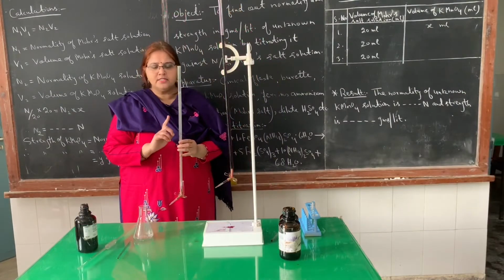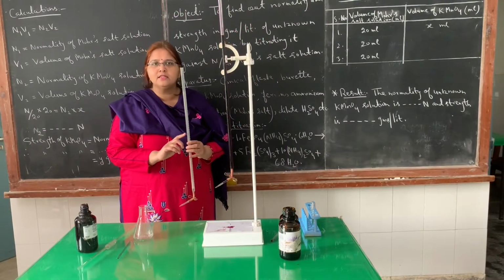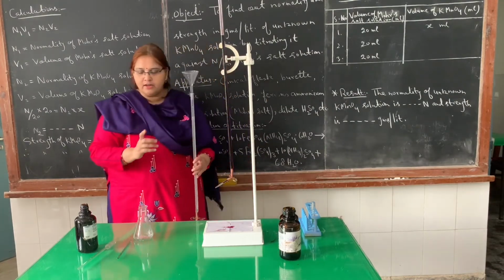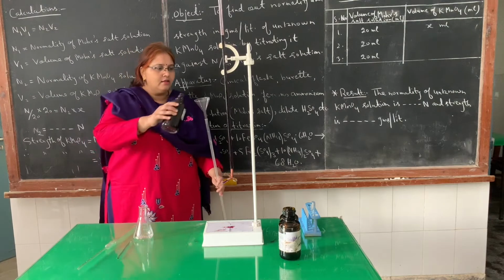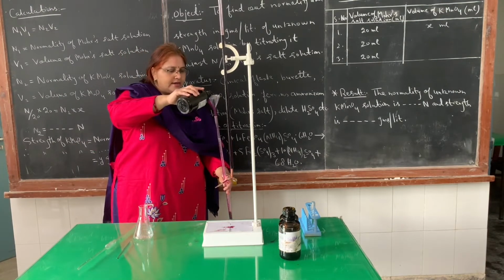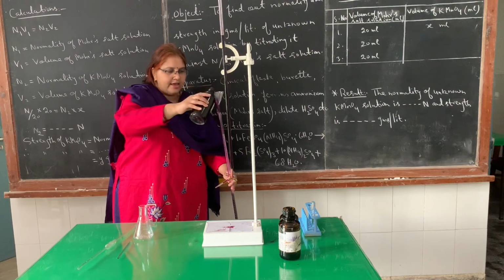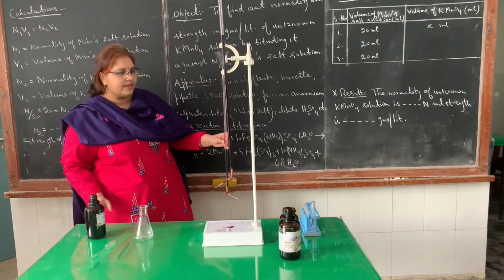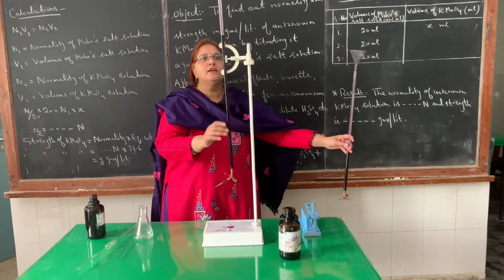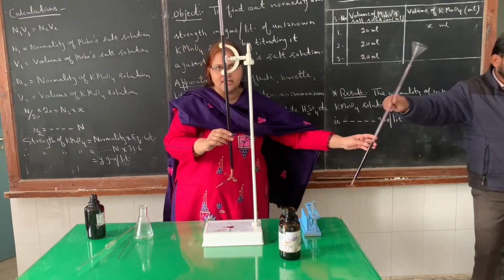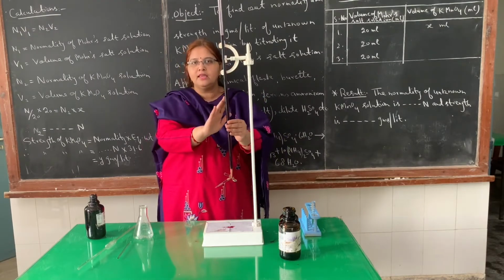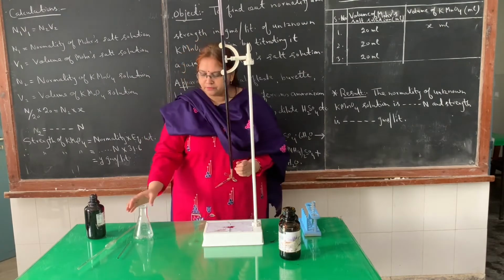Now we will take the burette and fill it with the KMnO4 solution using the funnel. We will fill the burette like this up to the 0th mark. As I have already kept it filled for you, after filling it, we will put it in the stand. And now our experiment is ready with the burette filled with KMnO4.